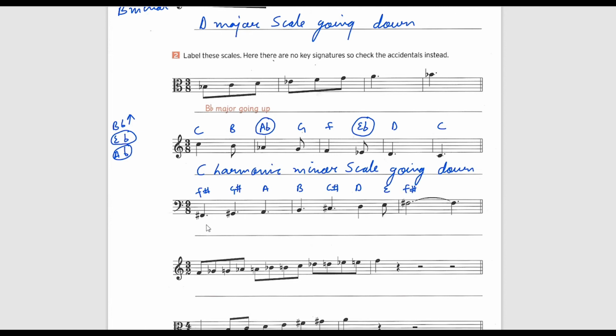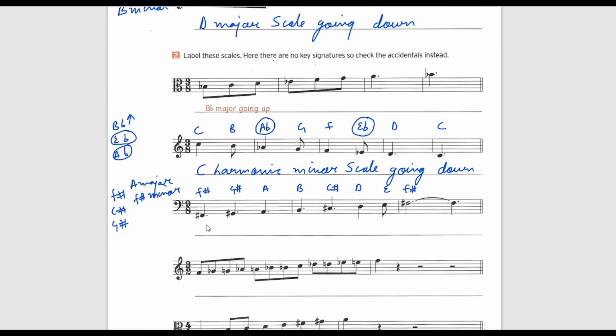So that means we have here F sharp, C sharp, and G sharp. If there are three, that means there are three accidentals. So these three should be either A major, or it should be an F sharp minor.